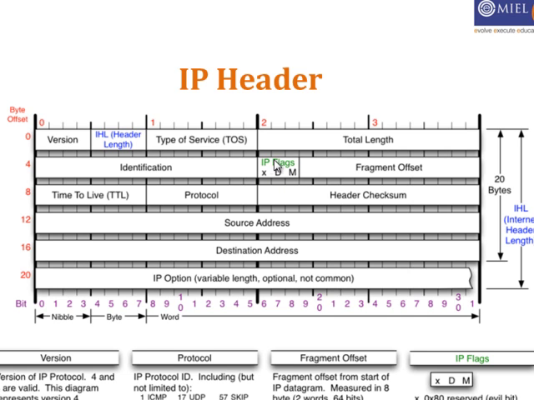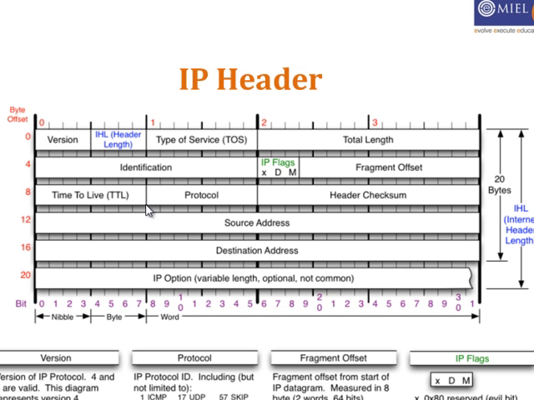The next 3 bits talk about IP flags. These flags again relate to the fragmentation part of the IP header: whether my packet needs to be fragmented, whether there are any more fragments coming, and so on. Then comes the fragment offset field, which talks about the fragment offset.